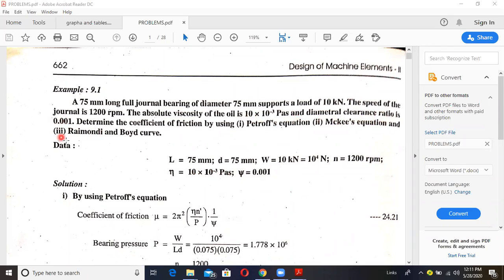The diametrical clearance ratio is represented by xi, that is equal to 0.001. So this is the data they have given.